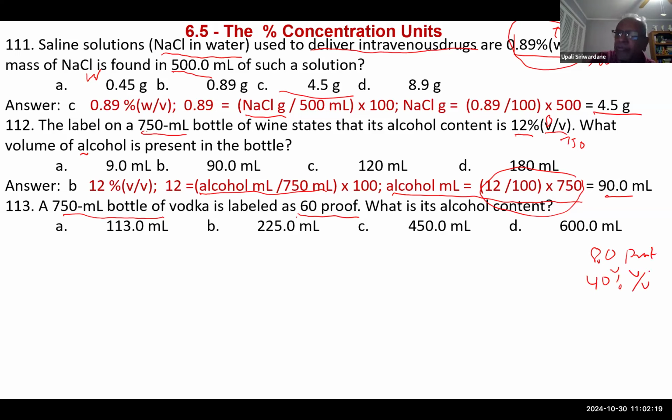The volume by volume percent multiplied by 2 is called proof. In a way, liquor stores try to give a large number for the alcohol. 60 proof is 30% alcohol.